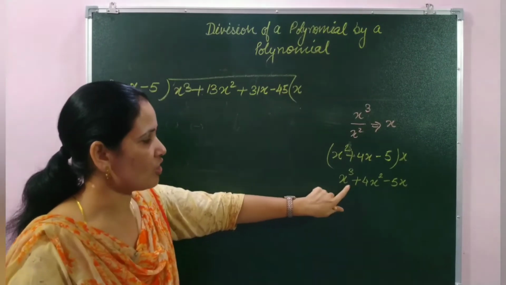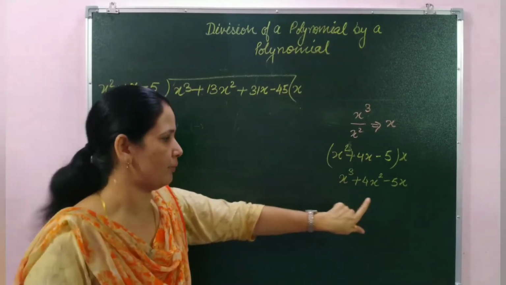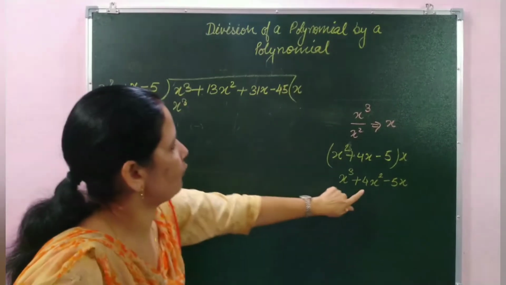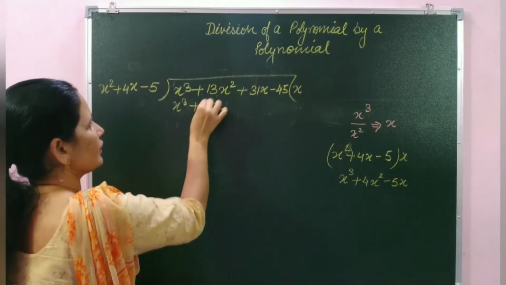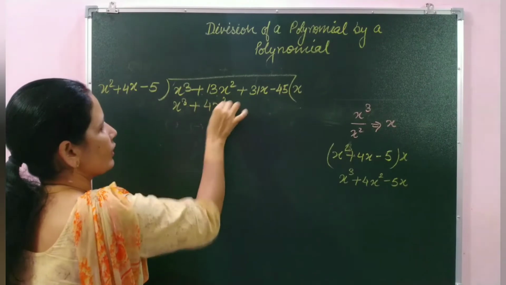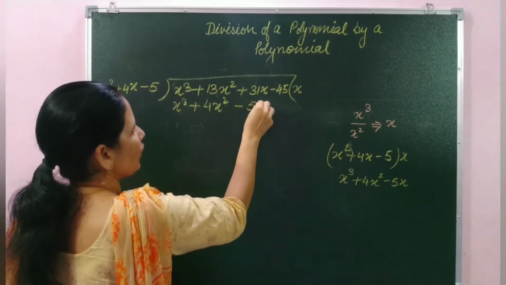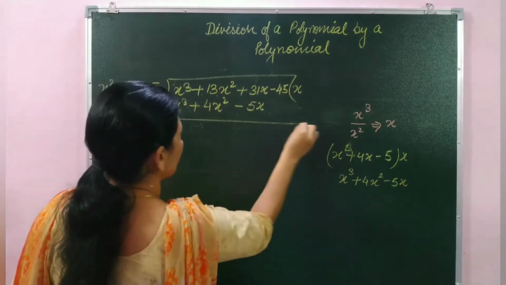So students, arrange like terms below like terms only. x cube below x cube. Then 4x square below the 13x square. Then minus 5x will be below 31x. Okay students, now change the sign.